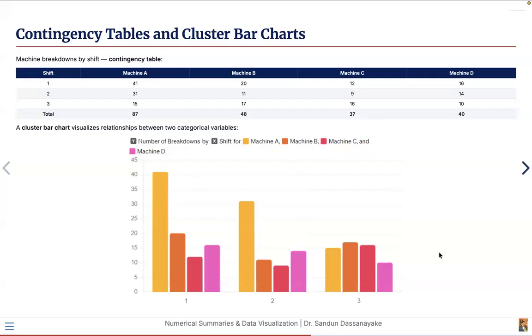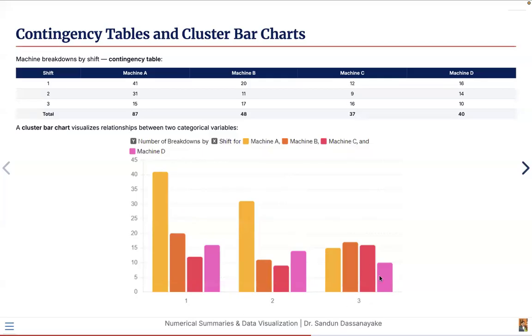Now, what is the importance of this when you're analyzing quantitative data? Because from the visual itself, you can understand what sort of failures might be high for each shift. Now, look at this. Shift 1 and shift 2 have a higher number of reported machine failures. The yellow color bar is high here.